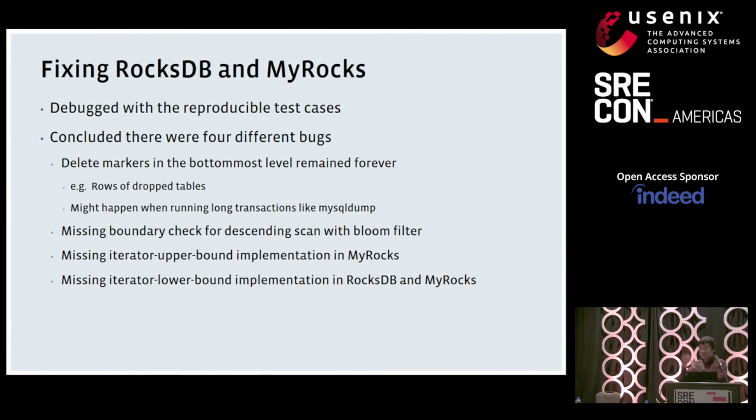When you heavily delete from database tables and run long-running transactions like online backups, delete markers in RocksDB, called tombstones, might not be deleted, and remained in the bottommost data files. We also missed proper boundary checks for descending scans when the Bloom filter was used, and we missed several other boundary checks in RocksDB and MyRocks. After finding these issues, we could finally fix the problem.